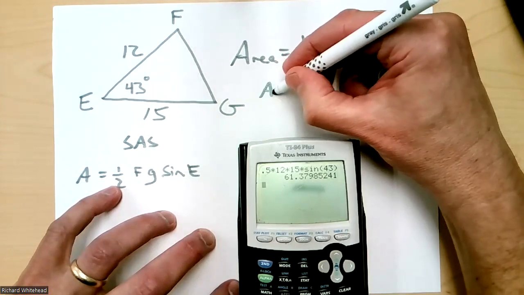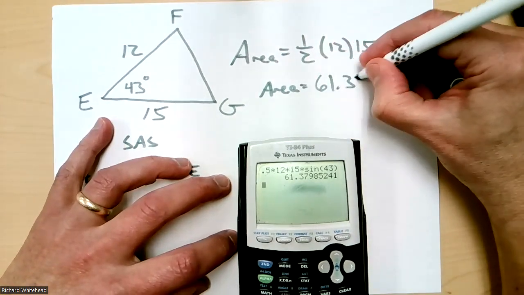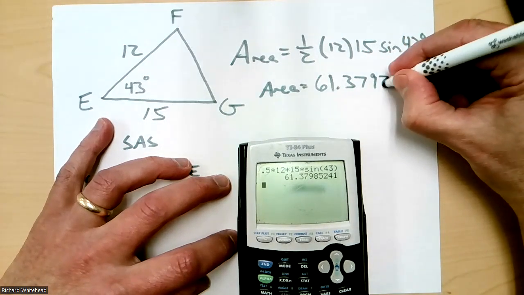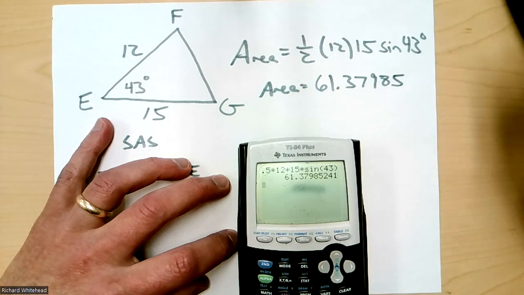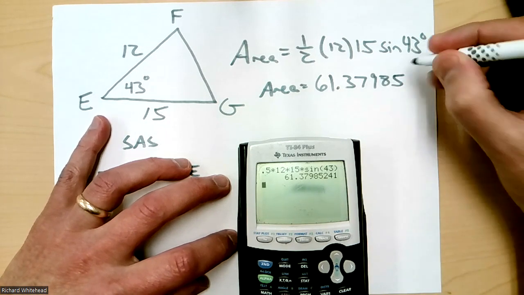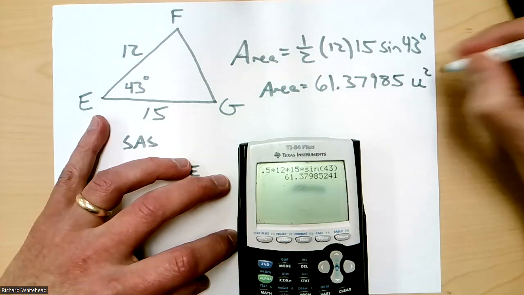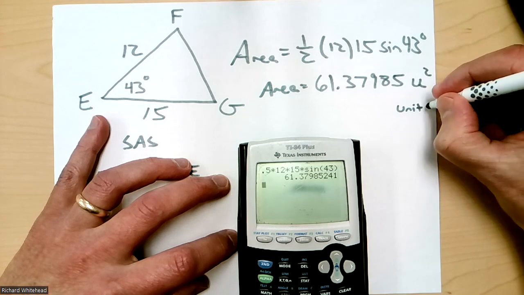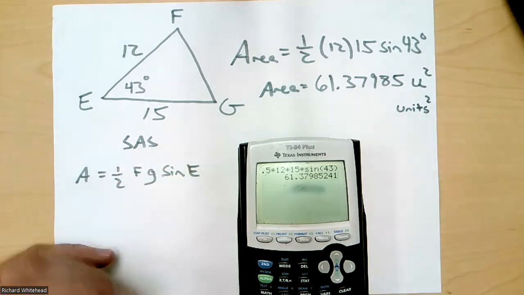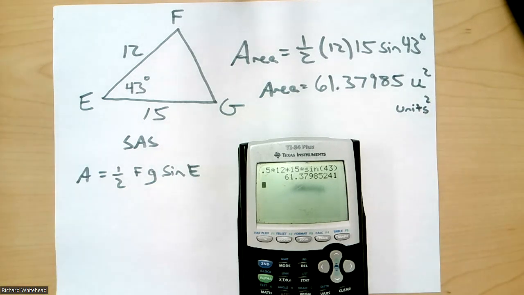So we get the area is 61.37985, and so on, depending on how many decimals we ask for, and that would be units squared, since I didn't put any units on here. Since it's an area, it would be a square unit. But really, that's all there is to it.